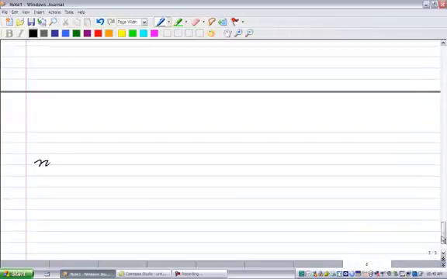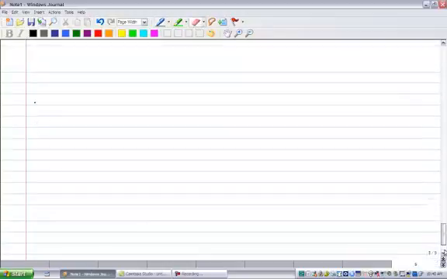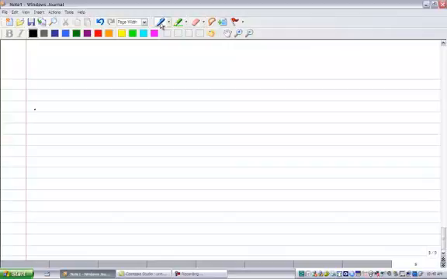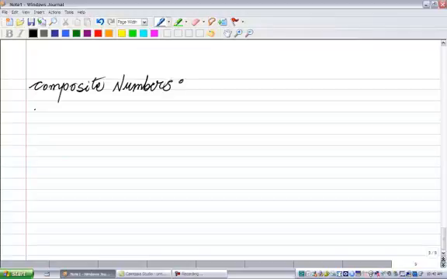Okay, so what are the composite numbers? Composite numbers. Well, they are just not prime numbers, okay?